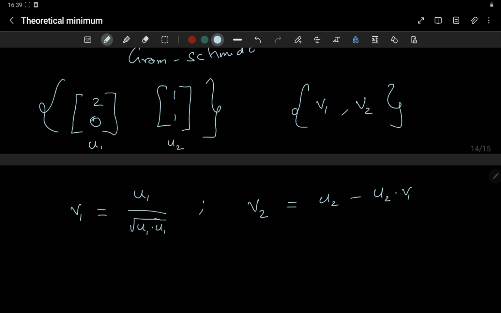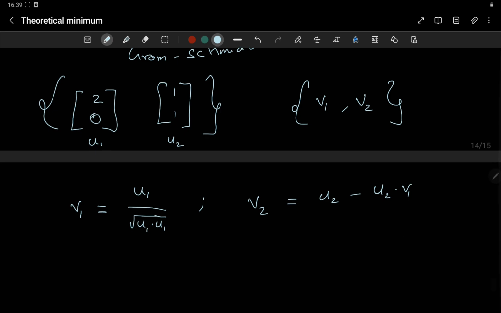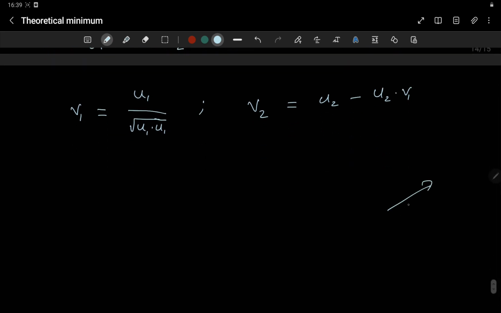In an R2 space, the dot product can also be seen as a projection. Say you have this vector, u2, and another vector, v1, a unit vector. u2 dot v1 is nothing but the answer if I project the u2 vector along v1.